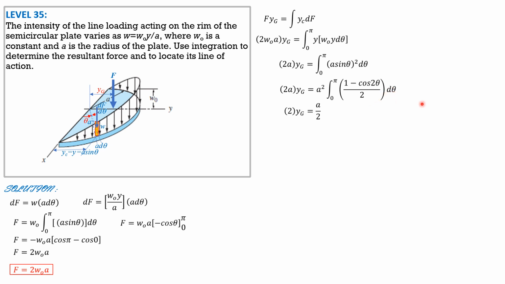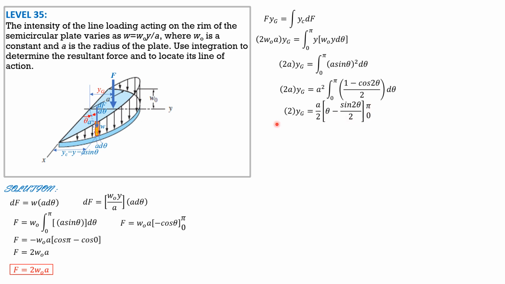So 2yg equals A over 2 quantity theta minus sine 2 theta over 2 from 0 to pi. Remember that sine of 2 pi is 0 and sine of 0 is 0, so don't mind the second term, just the first term. So upper limit theta minus lower limit 0, so this is just pi.